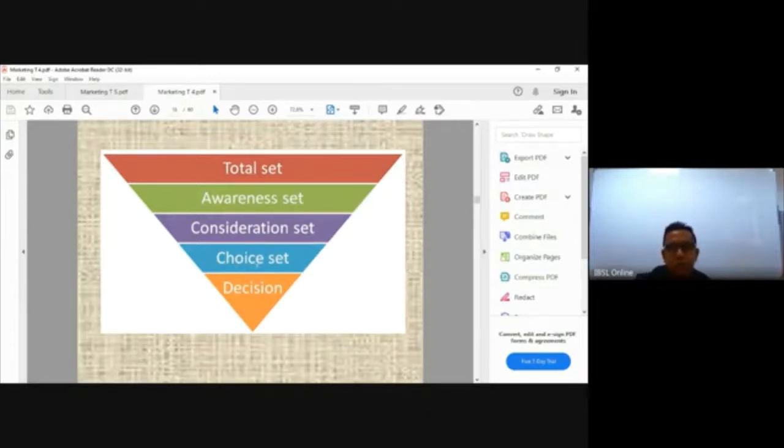You consider a certain number of brands, and out of that you finally select one. That will be your final decision. So Kotler said there is a total set of brands in the market, out of that you are aware of a certain number, out of that you decide to consider a certain number, and finally you evaluate and decide which brand you are going to buy.